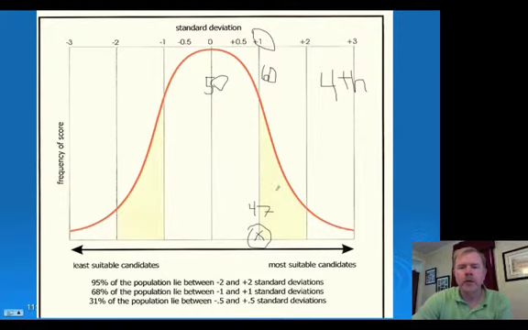Now, our child got a raw score. Okay. This, remember, is our raw score of 47. That puts them at a t-score of 60. It puts them at a z-score of +1. It puts them at approximately the 84th percentile. Okay, we'll talk about what that is in a little bit. And we're talking right now about a grade equivalent score.